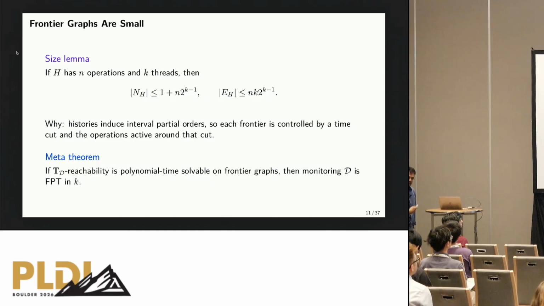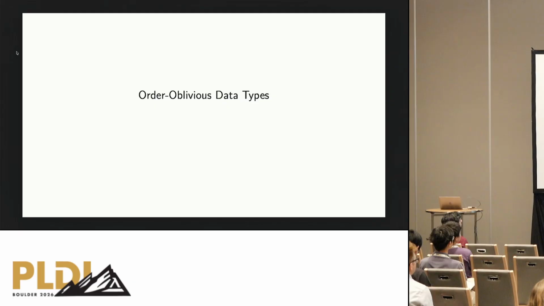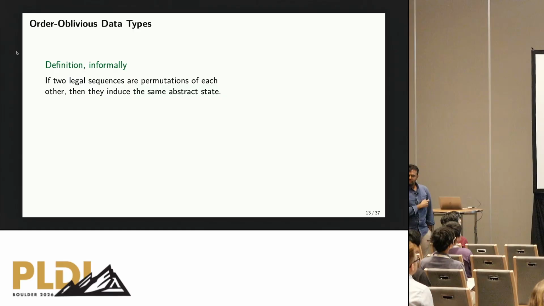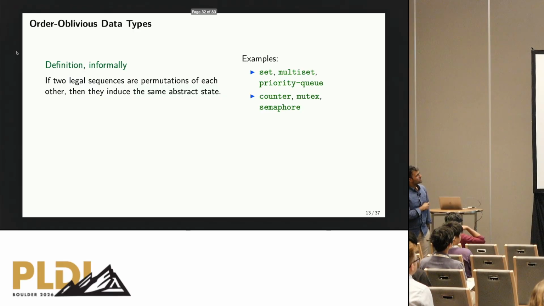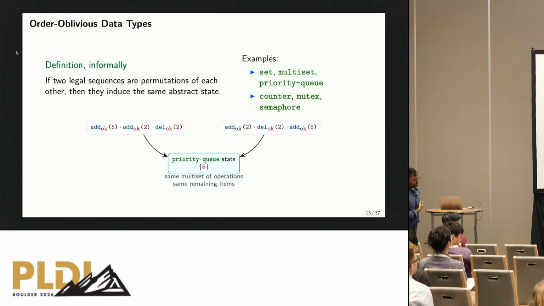So I'm going to try to find classes of data structures for which language reachability can be solved in polynomial time. The first class of data structures that satisfies this is order oblivious data types. The definition is roughly the following: a data structure is said to be order oblivious if whenever you take two legal sequential specification executions of the data structure and they are simply permutations of each other, then they both land in the same state.